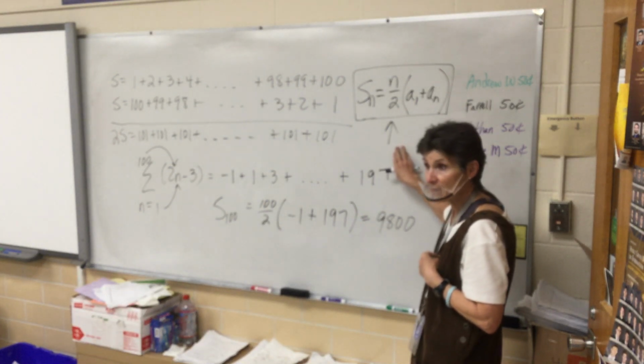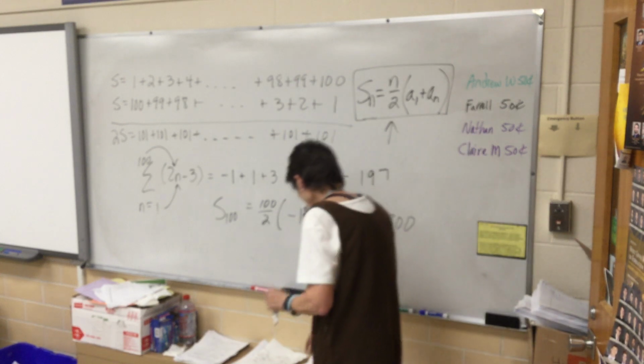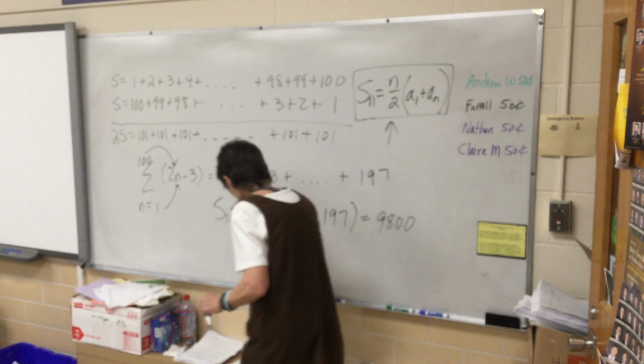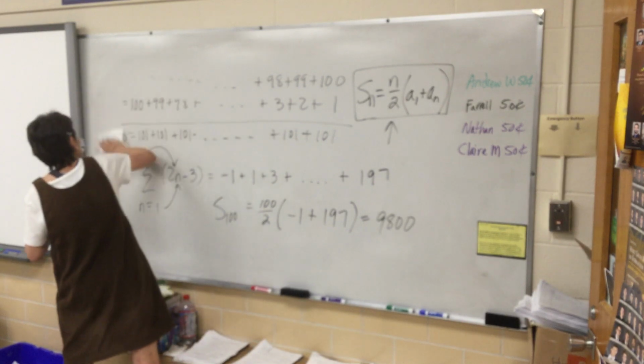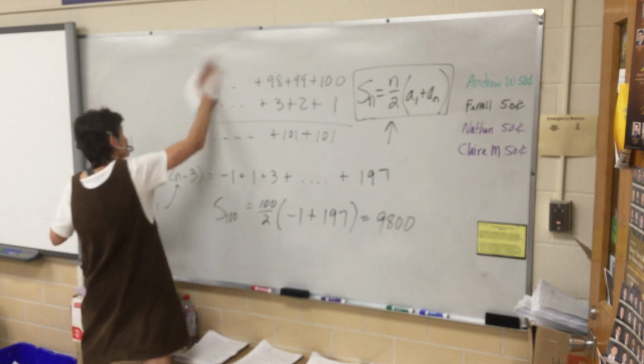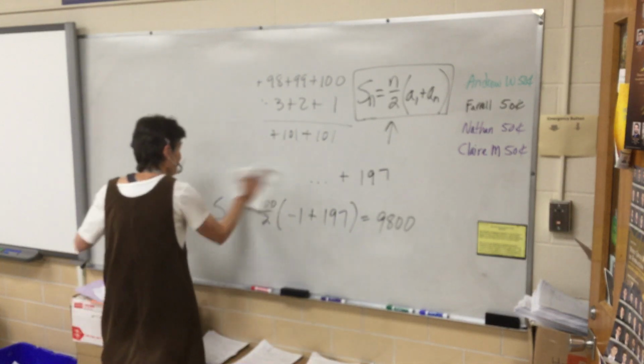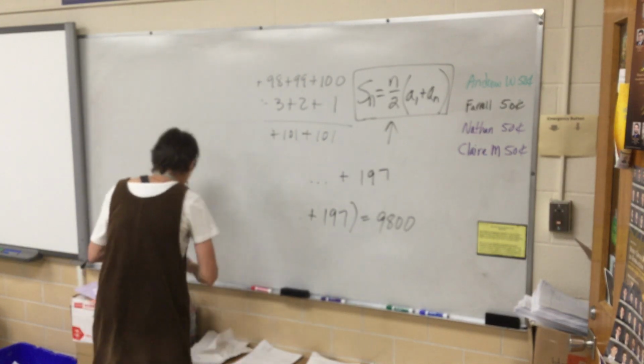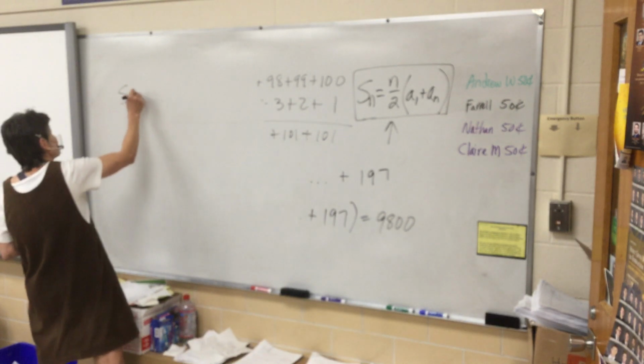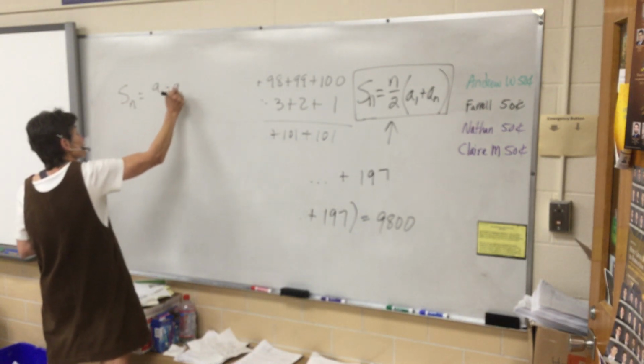Well, what if it's not arithmetic? What if it's geometric? Well, I do not have any cool stories for the geometric formula. I know you're disappointed. So I am just going to throw it up here and tell you this is the formula for a geometric series.